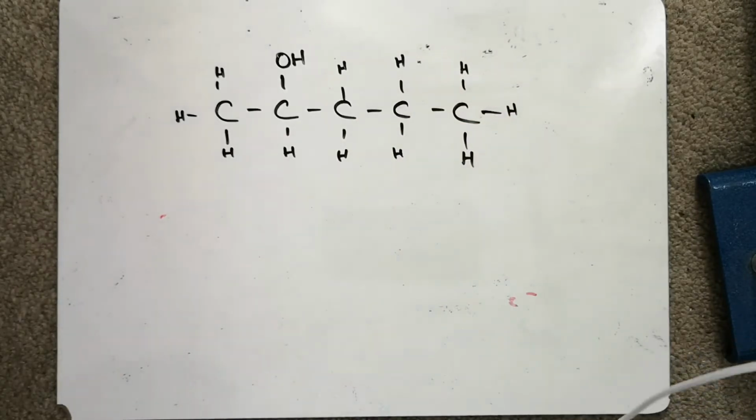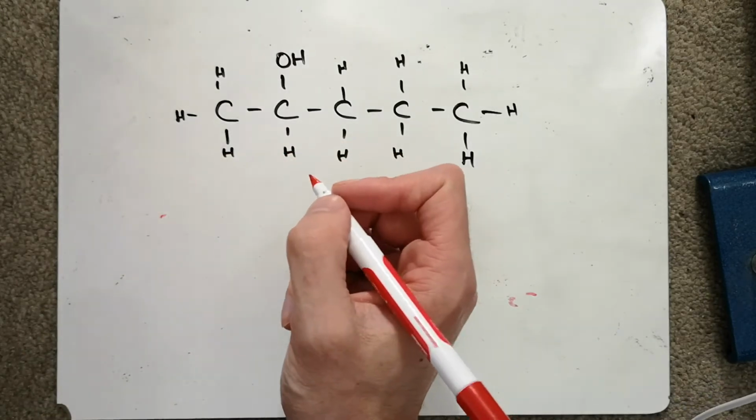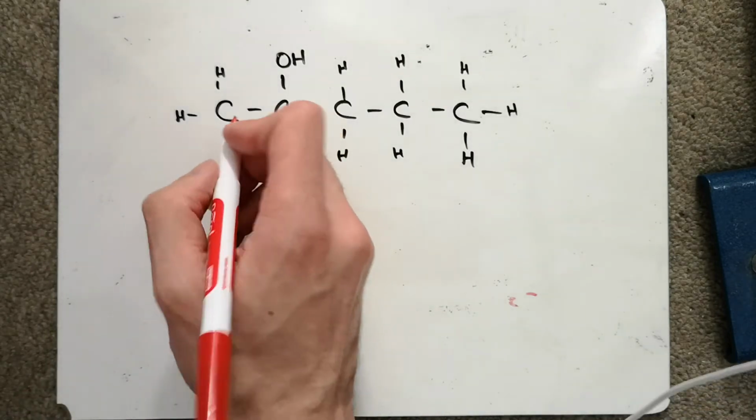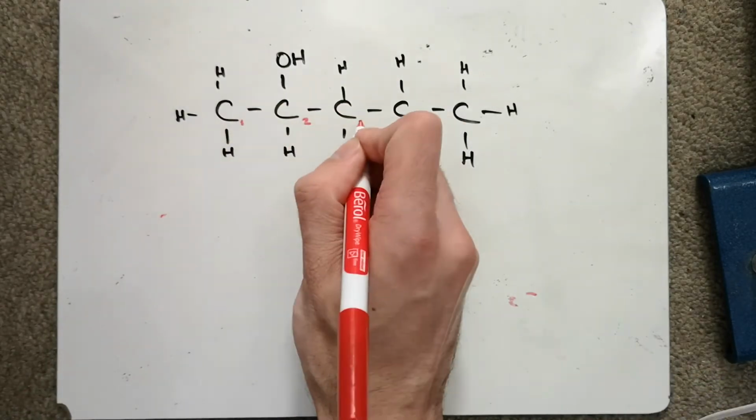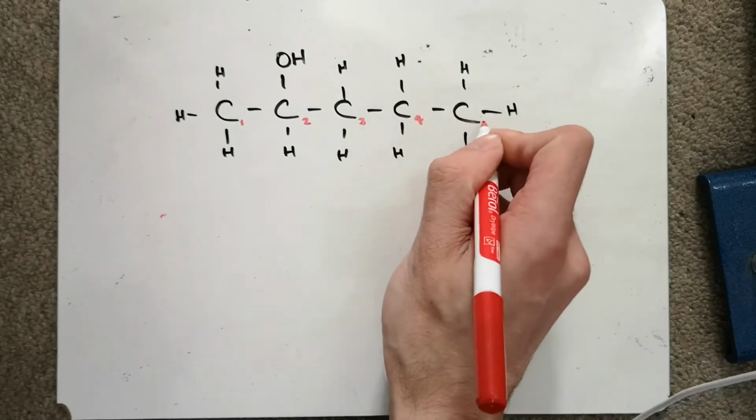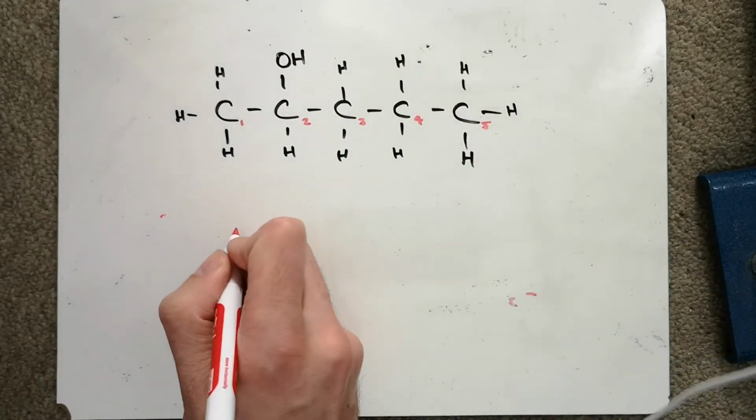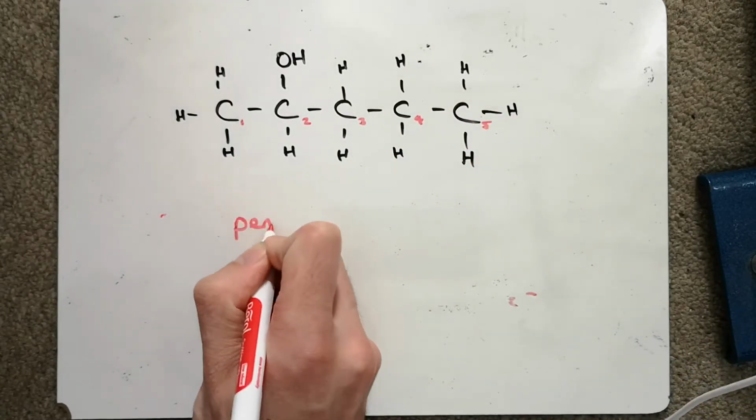If you pause the video, see if using your tables you can name this compound. Okay, the first thing you need to see is that there are 5 carbons in the longest chain, so this is a pent.